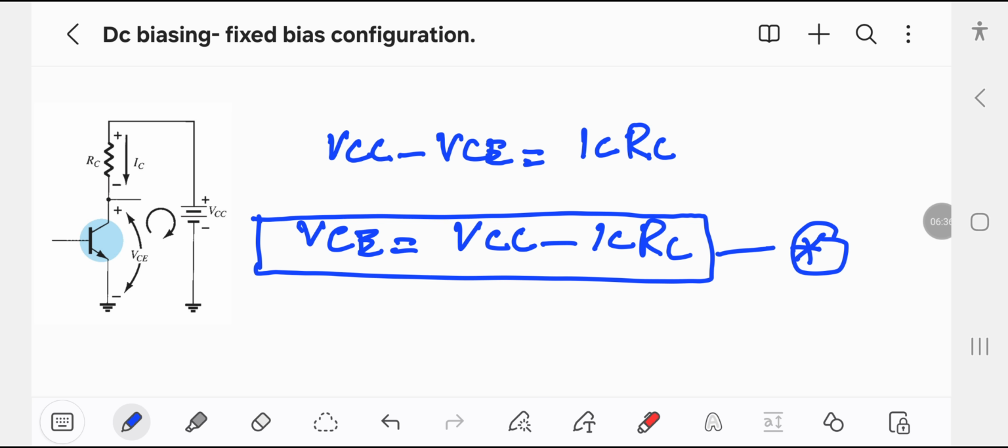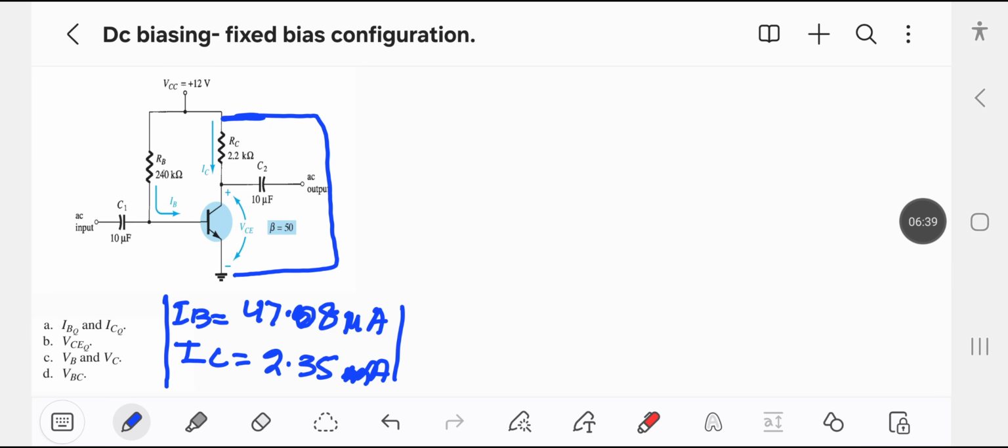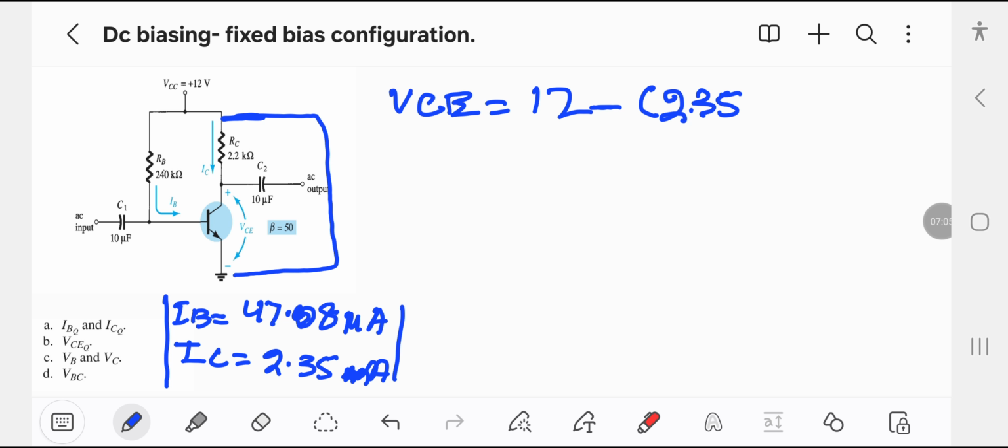So let's put all the values. To find VCE, we put the value of VCC, which is 12 volt, minus IC, which we found here as 2.35 milliampere, and RC, which is 2.2 kilo ohm.